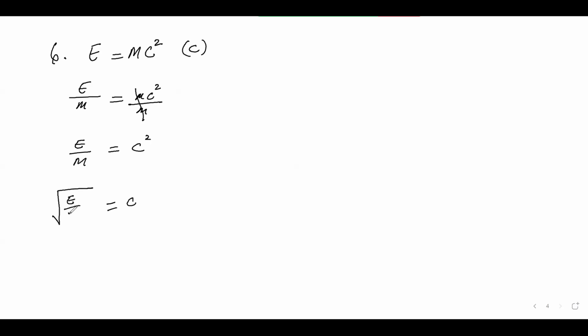I saw some people only square rooting the E. You can't do that. It's everything. So C is equal to the square root of E over M.